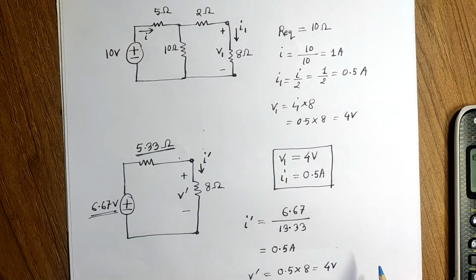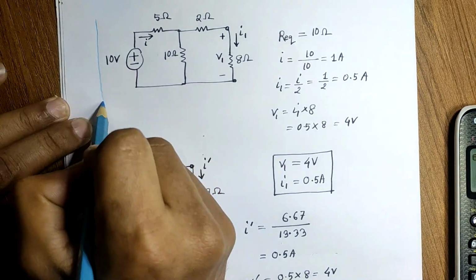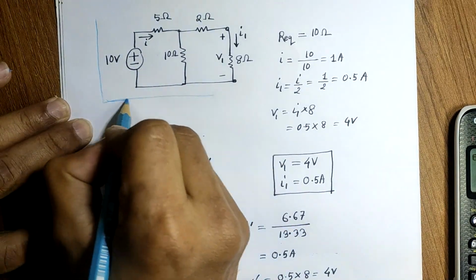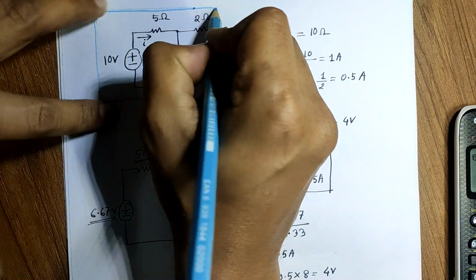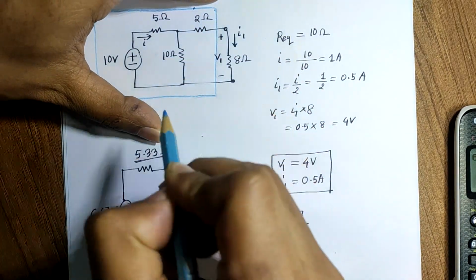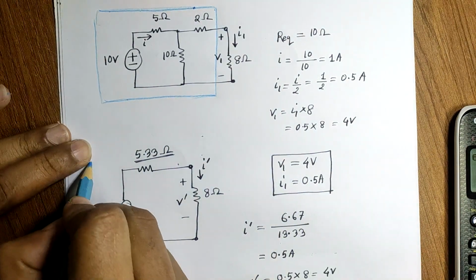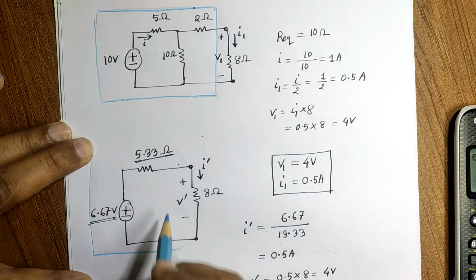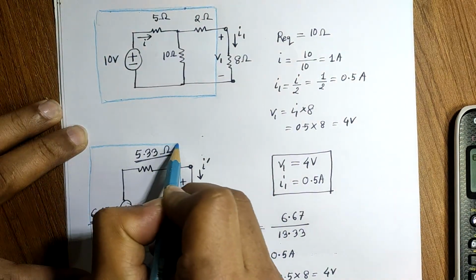From this analysis, we can say that this part of the circuit, that means the part of the circuit up to this 8 ohm resistance, is actually doing the same thing as this part of the circuit, right?